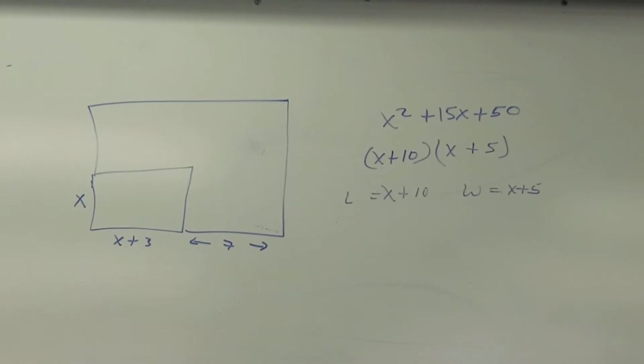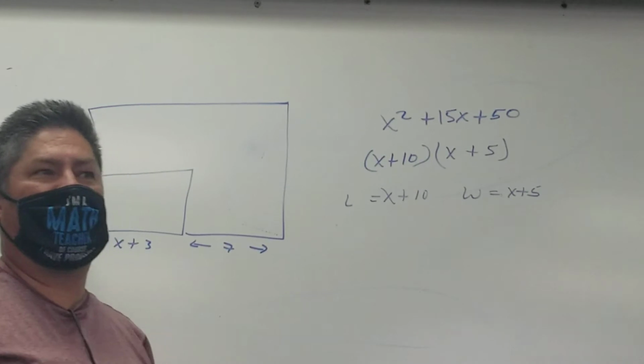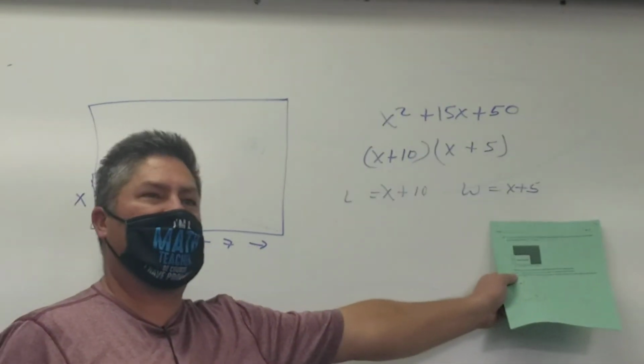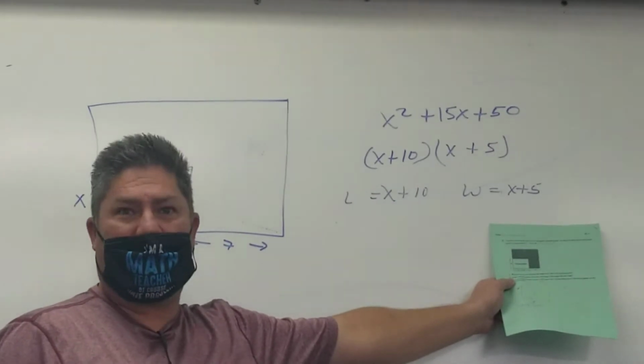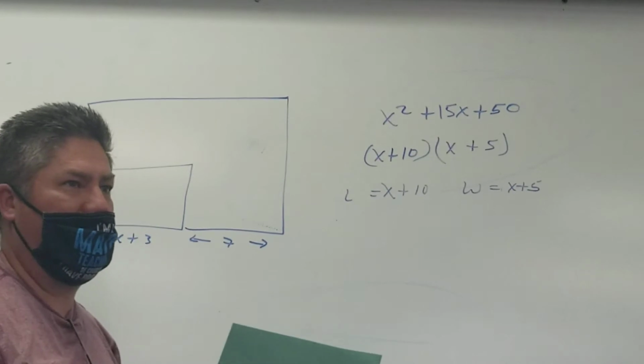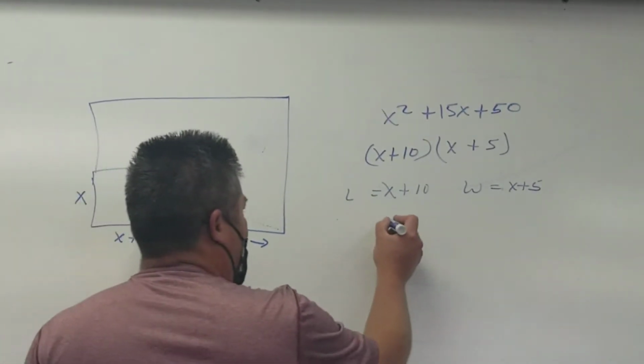So this is part B. How much longer is the length than the width? This is actually just a simple math problem. It's just wanting you to do what with those two things? Subtract them. All we're doing is subtracting. X minus x would be 0, and 10 minus 5 would be 5.